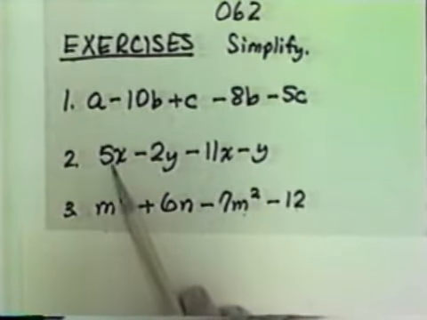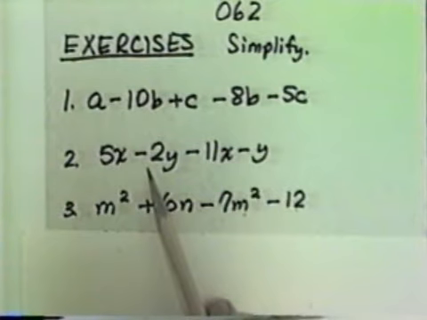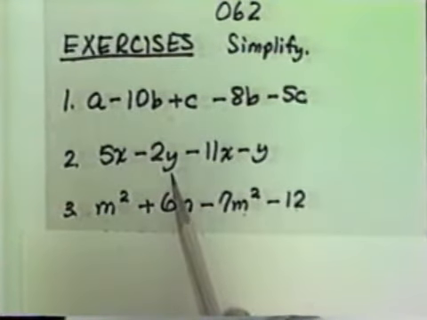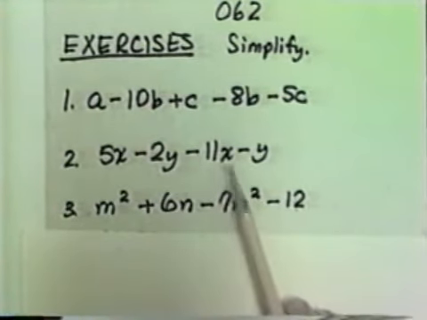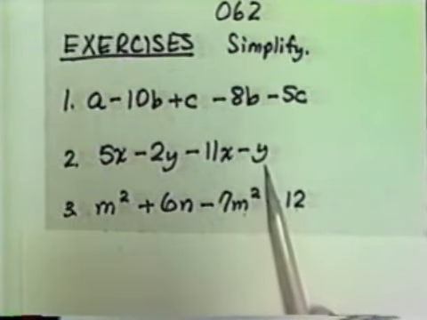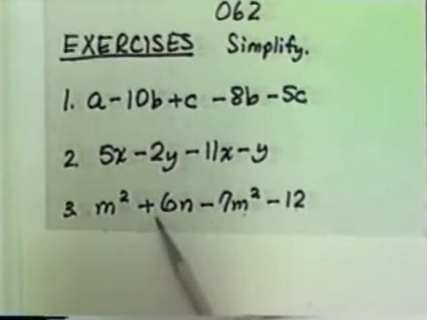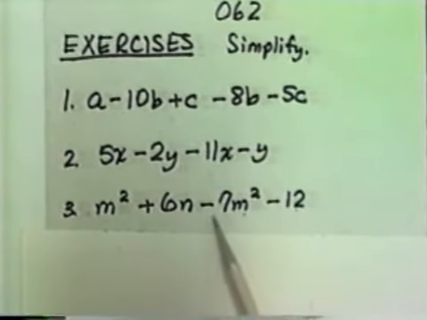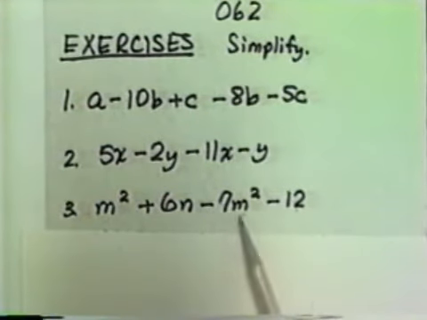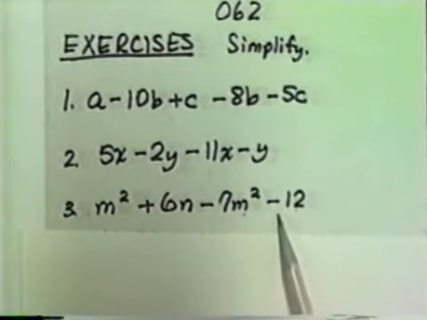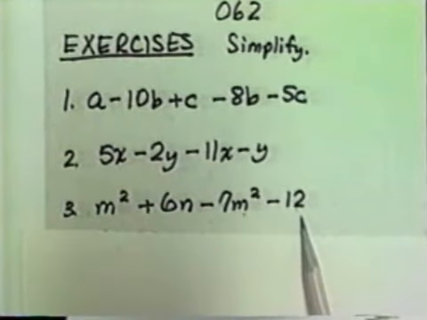Second exercise, 5x, subtract 2y, subtract 11x, subtract y. Third exercise, m squared, add 6n, subtract 7m squared, subtract 12.